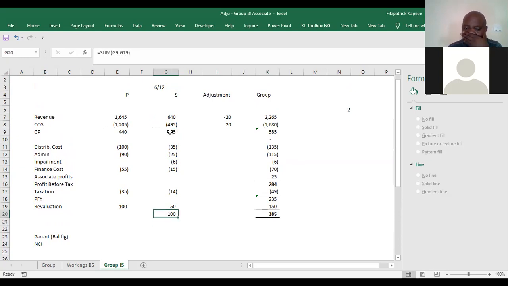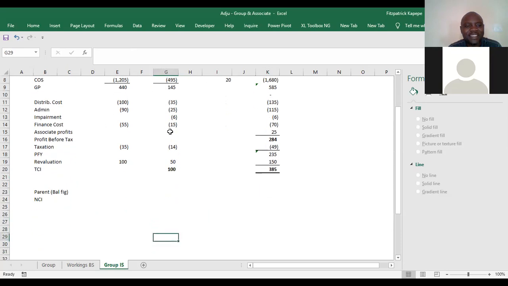So if you check, you'll find that for the NCI, for the CI, that is the total comprehensive income, you have your 385, but for the subsidiary, you have 100.